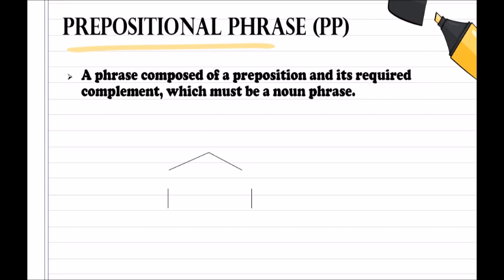For example, a prepositional phrase composed of a degree word and a preposition, like almost in. Almost is a degree word and in is a preposition.